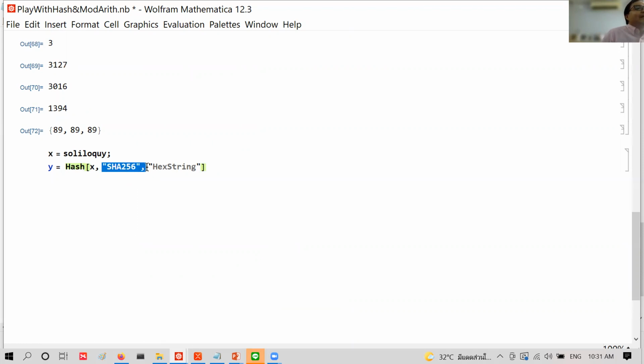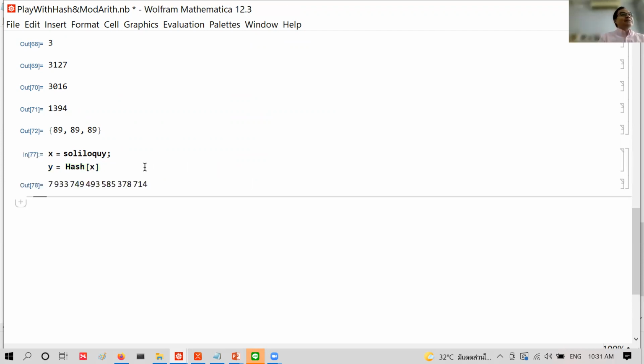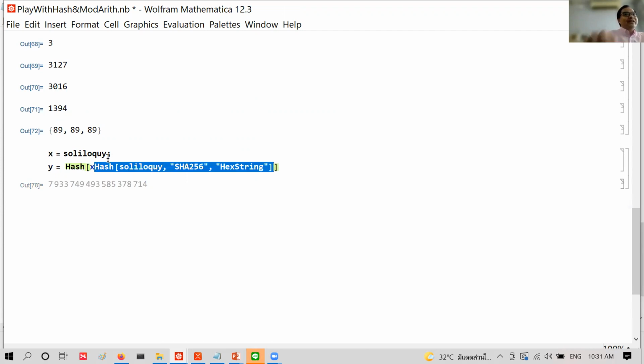This parameter is to say this is the algorithm I use and this is how you want it to look. But basically, it's a function. Let's just use the default function.